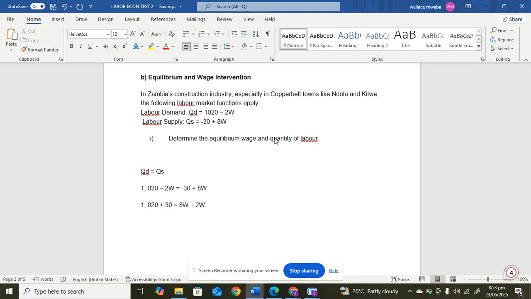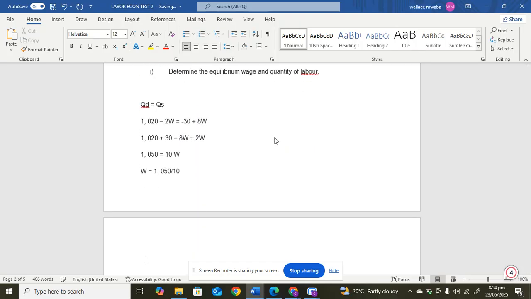Right. So 1020 plus 30, we get 1050. 8W plus 2W, that is 10W. So to get the wage rate, you're just going to say 1050 divided by 10.